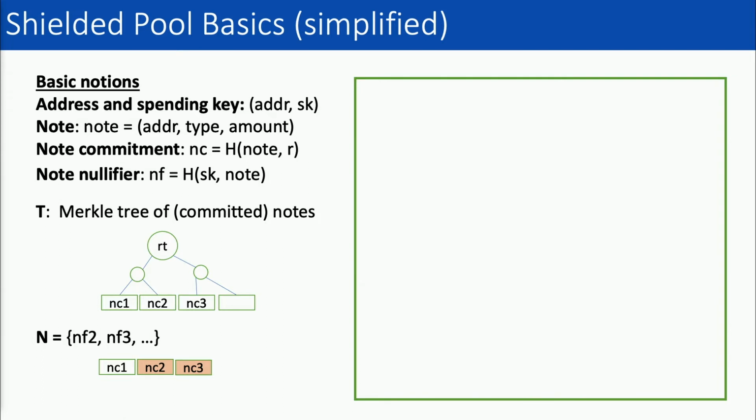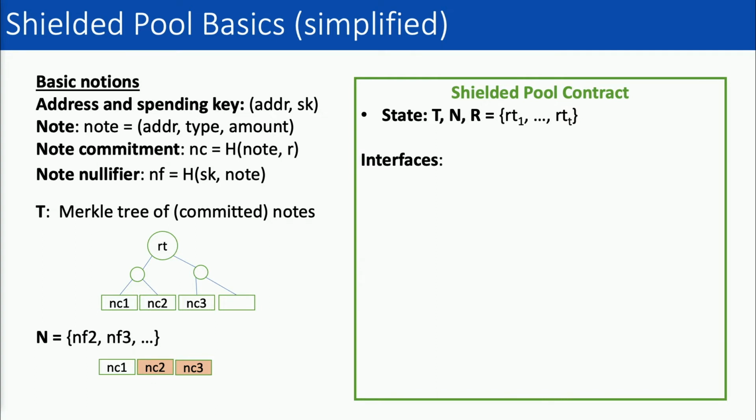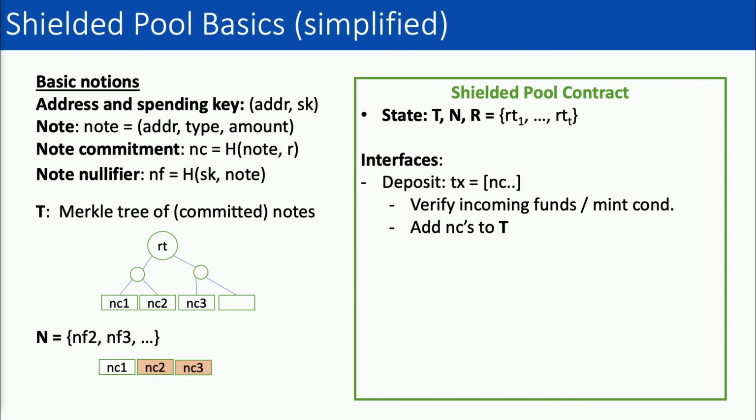Now, how do we fit these components together into a smart contract to have a shielded pool? Well, we simply store an incremental Merkle tree of nodes, a set of nullifiers, and a list of historical roots for our Merkle tree, right? Then we expose a couple of interfaces. For deposits, the user simply submits a set of node commitments, right?